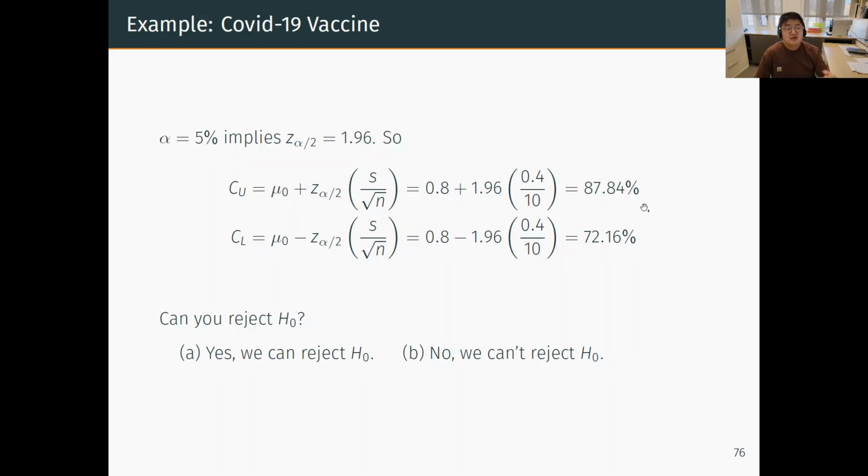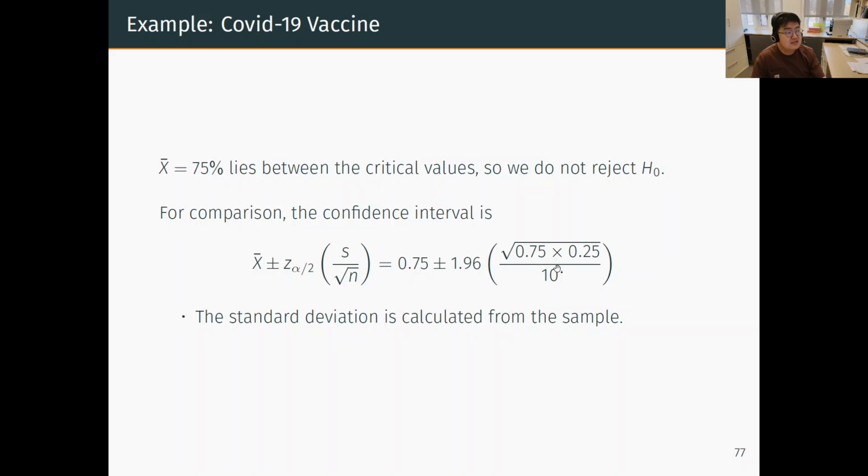It is considered consistent with your null hypothesis. So you get 75%, which is above the lower critical value. So it is within the margin. So you don't reject the null hypothesis because the sample average is close enough to your null hypothesis. So you cannot reject the null hypothesis. That is the answer.